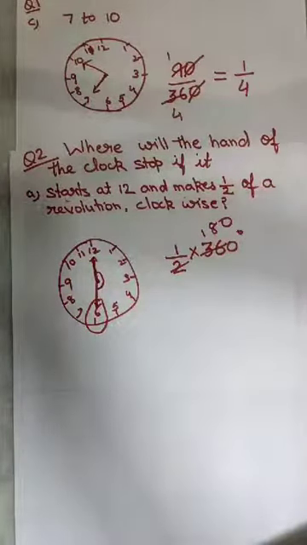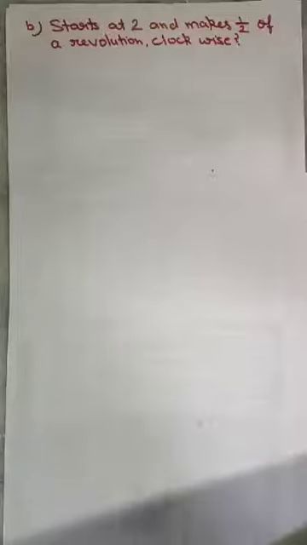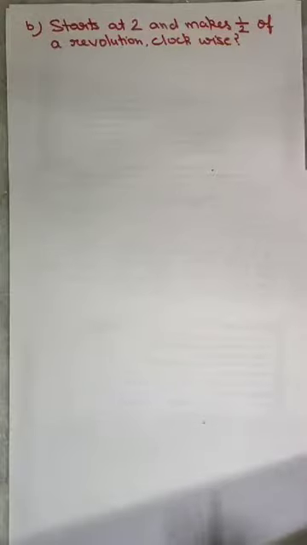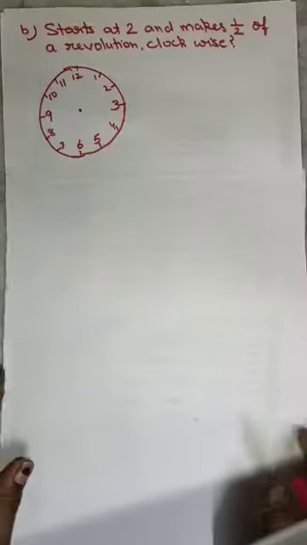See, it's one more part, B part. Now our hand starts at 2 and makes half of a revolution clockwise. It starts at 2. For this again we have to make one clock. Here is our clock.